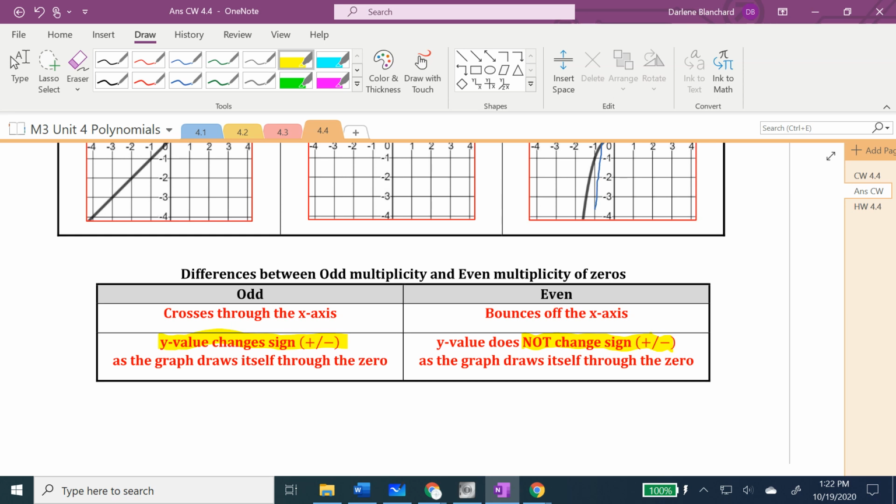And I want you to know that as far as graphing polynomials goes, this is really about as far as you can go at this point: understanding how it behaves near the 0 and bringing that together with the end behavior. You can graph a reasonable version of polynomials as long as they're nice and factorable.